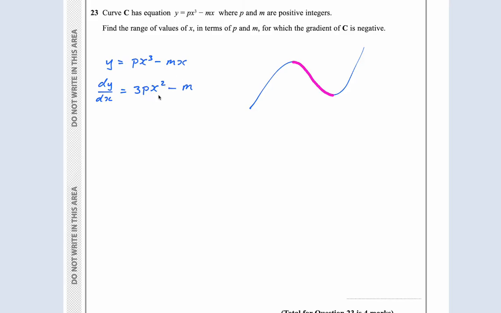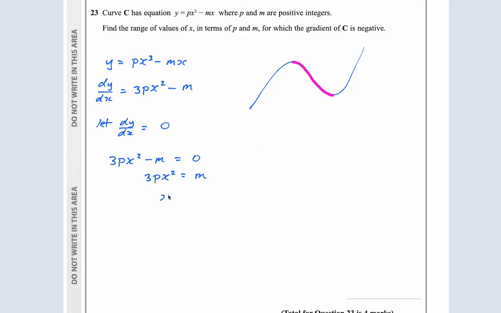Where is this derivative equal to 0? Let dy/dx equal 0. So I have 3px squared minus m equals 0, and I'm going to solve this for x. So 3px squared equals m, because I add m to the right.